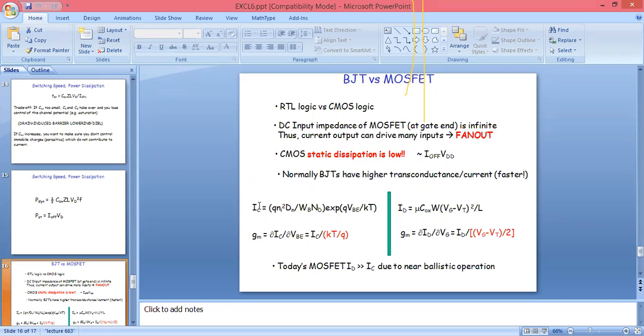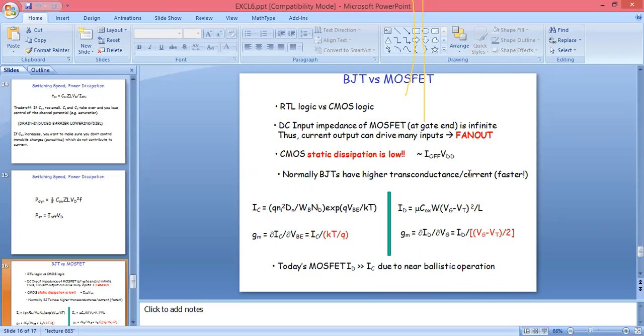If you see the mathematical formula, there is a big difference in the equations for the output current of MOSFET and BJT. And MOSFET size is compact. MOSFET is a voltage control device. That's why we are using MOSFET. Here current will flow just because of the majority carrier. Today's MOSFET is having drain current higher as compared to the collector current due to the ballistic operation.